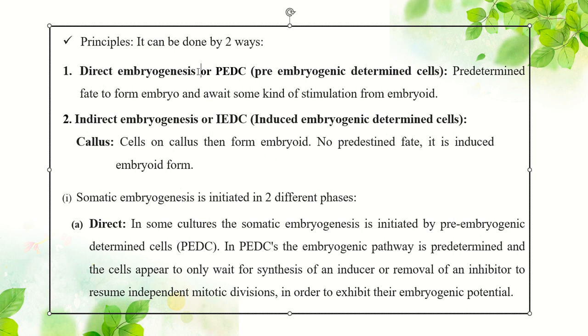In some culture techniques, somatic embryogenesis is initiated by pre-embryogenic determined cells, PEDCs. In PEDCs the embryogenic pathway is predetermined, and the cells appear to only wait for synthesis of an inducer. This occurs when embryos start directly from the explant, which may be a leaf or any tissue up to the stem, creating identical clones.